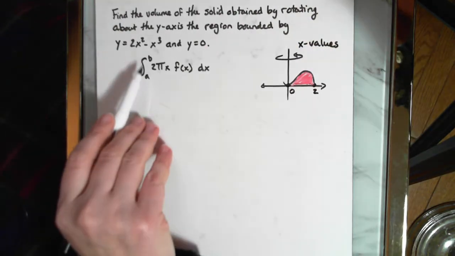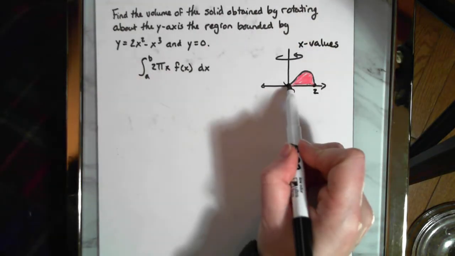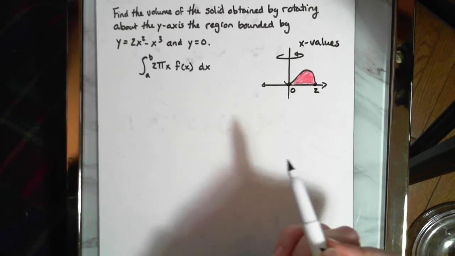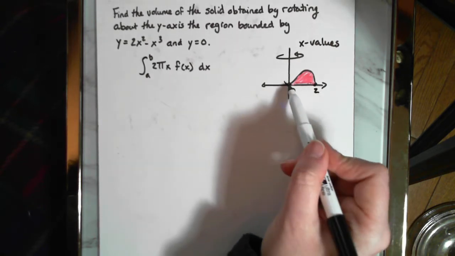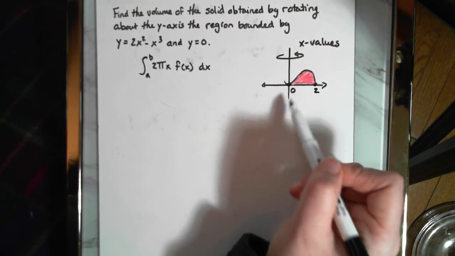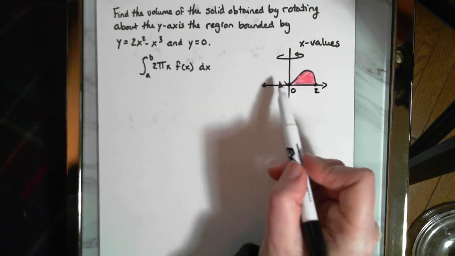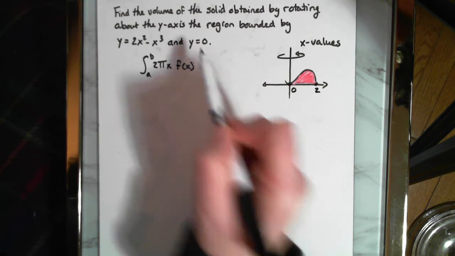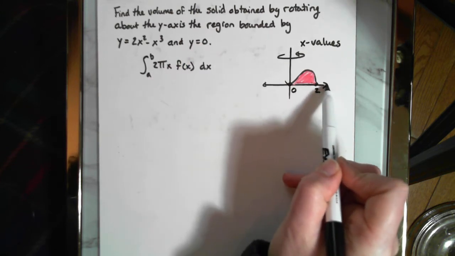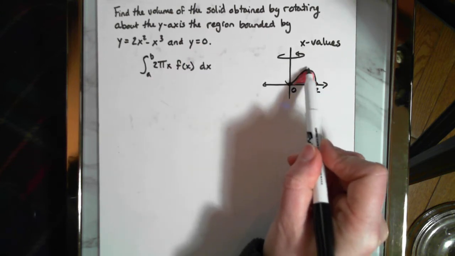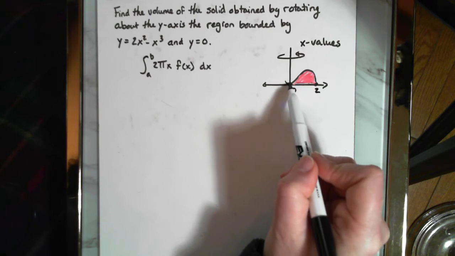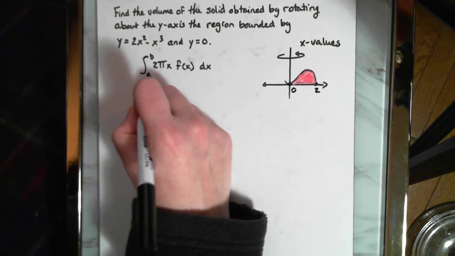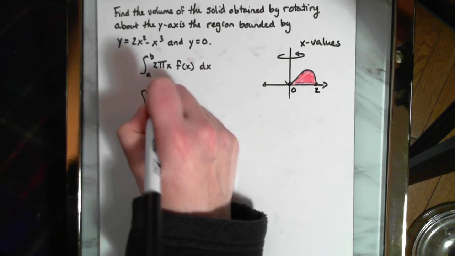So a and b are going to be x values, and I'm going to use 0 and 2. I can just calculate these points where it touches the x-axis, and the reason I'm using the x-axis for that is because it said y equals 0 here. So y equals 0 is going to be the lower bound of my area, and this curved function is going to be my upper bound. So I'm going to have 0 to 2 here.